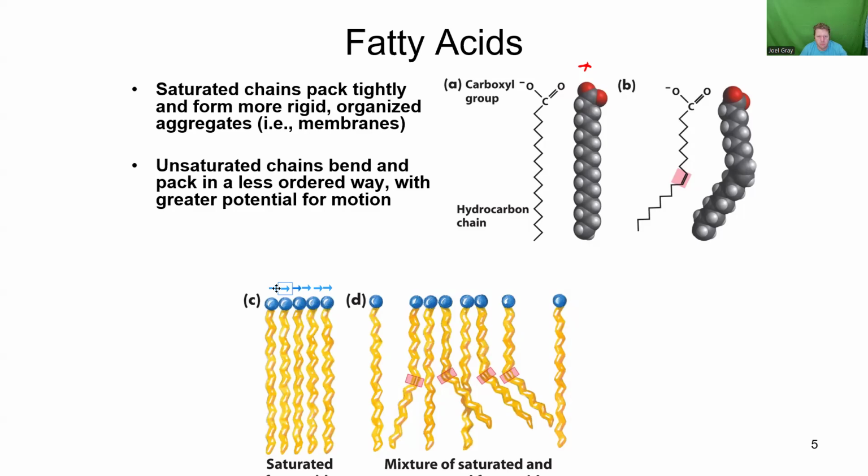Oh, and I'm going to basically say, all right, in the space that these 6 arrows occupied on the left-hand side with saturated fatty acids, I had a total of 5 fatty acids packed in there.